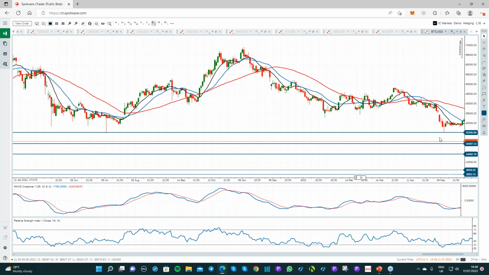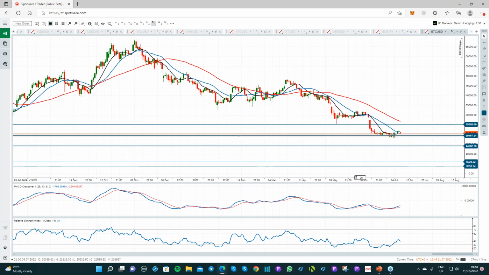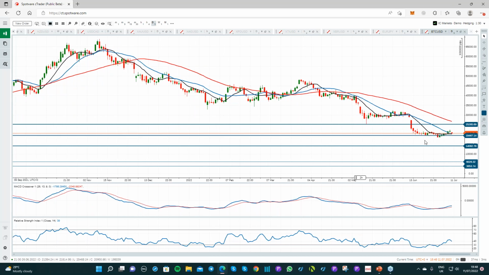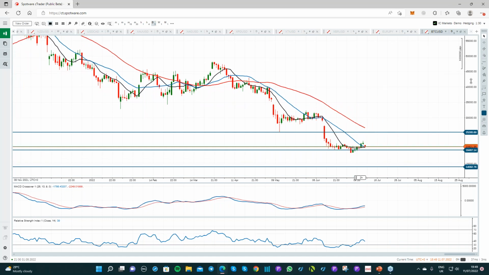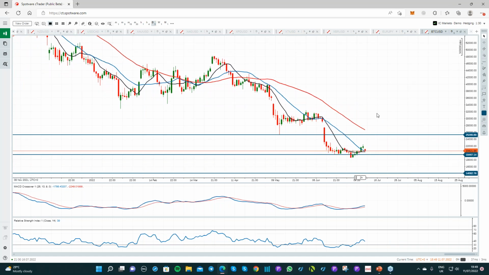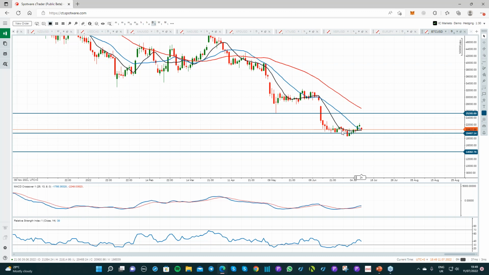So what's happening right now with Bitcoin? Well, price is sitting just above this horizontal level of support, and it is actually finding support at this level. Now, this was a level that I drew based on the monthly chart. I'm now looking at the daily chart, and we can see how price is held up by this level.